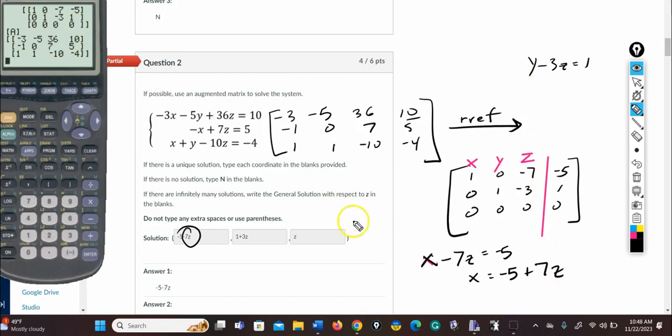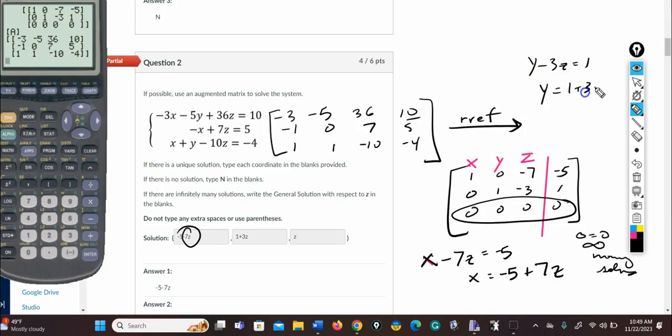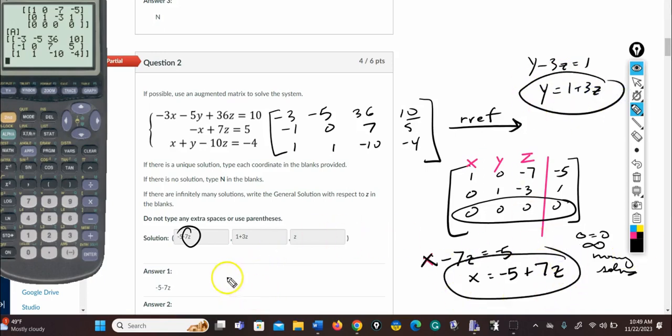So this one showed us that we got 0 equals 0, so it's infinitely many solutions. And here I add 3z to both sides. So if there's infinitely many solutions, you have to write it with one letter, and that letter is z.